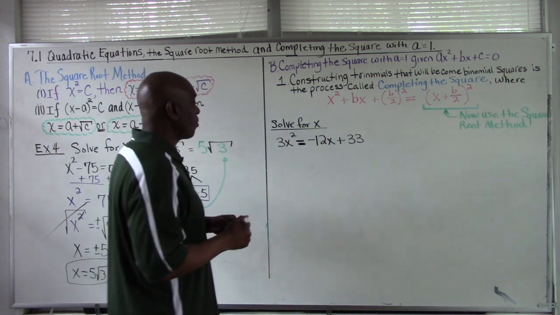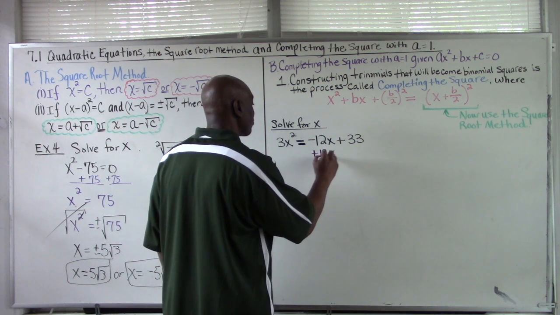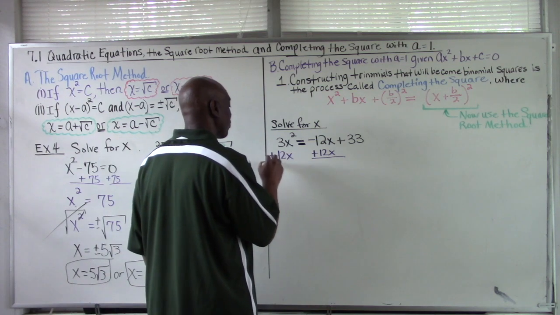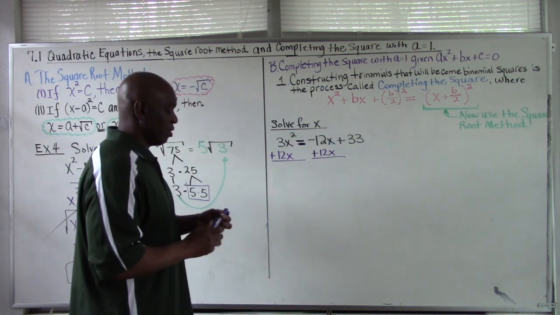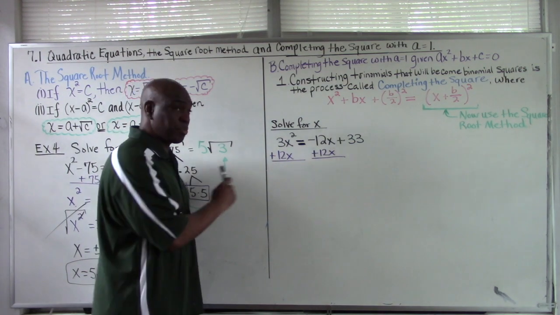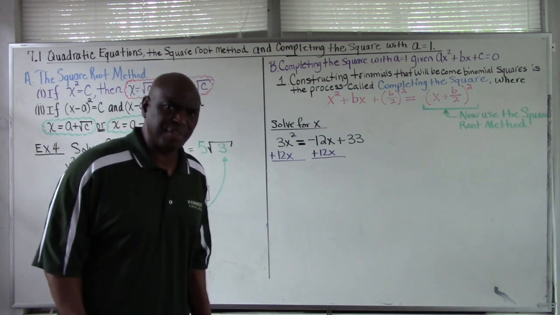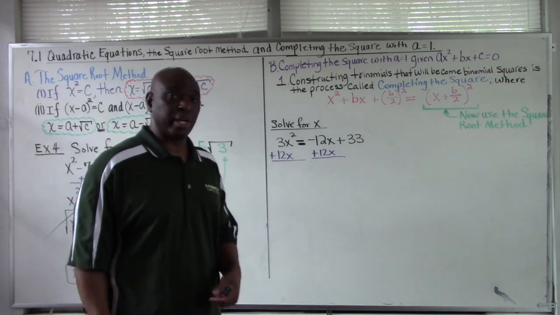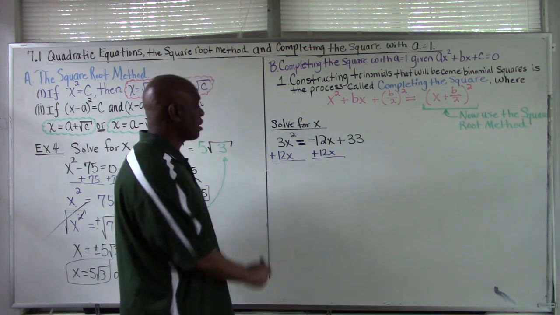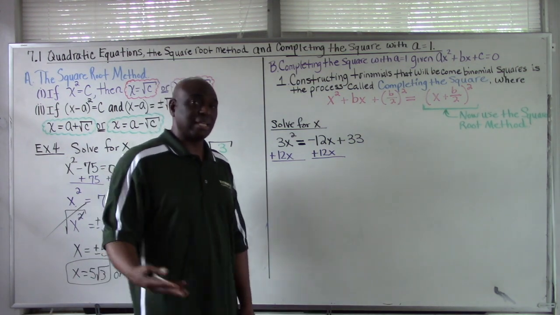So I'm going to add 12x to both sides. And notice now, I cannot add these two together because they're not like terms. I can't say that's going to be 15x. It's not 15x, nor is it 15x squared. You cannot combine those terms because one is x squared and the other is just x.